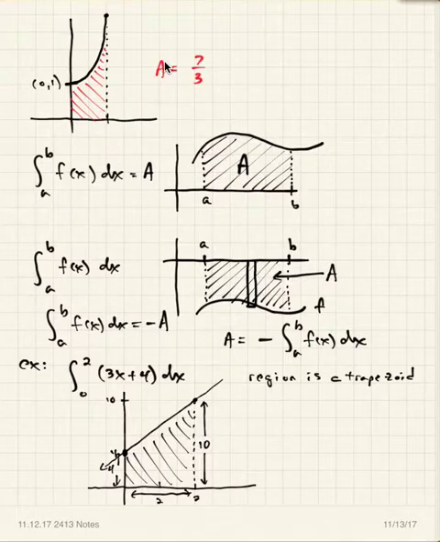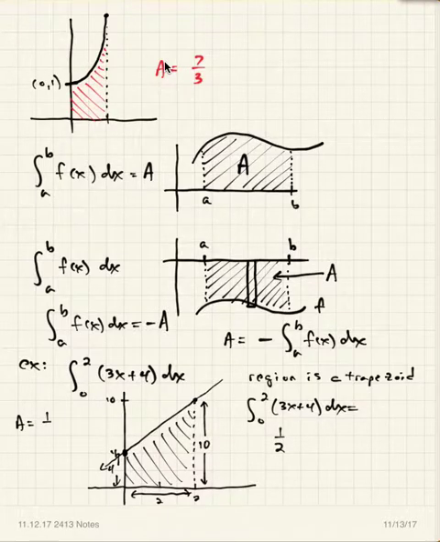And so this definite integral, in this case, would simply be the area of this trapezoid, where the area of the trapezoid, remember we talked about this formula last time, was 1/2 times the height of the trapezoid times the sum of the bases.